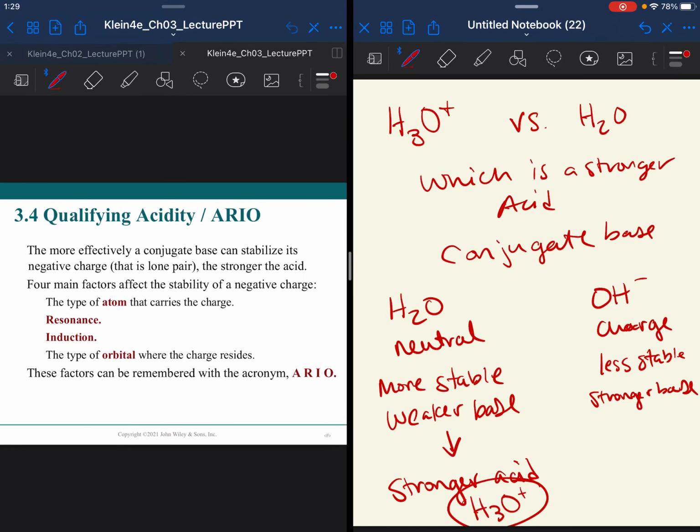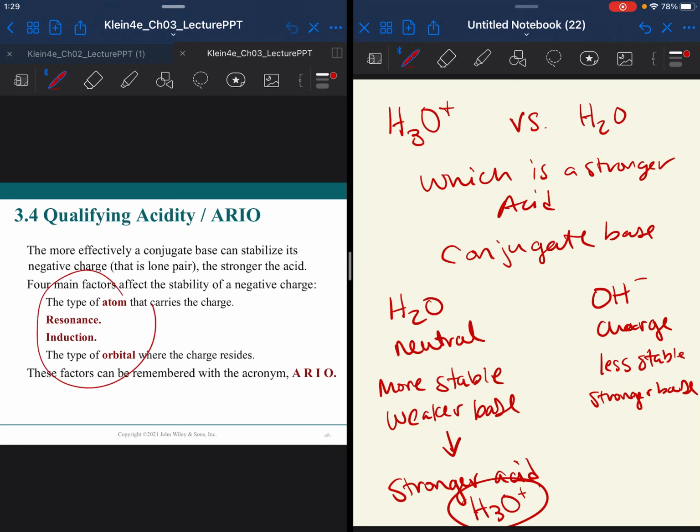Each of the problems that we're going to look at here are going to follow this pattern. We're going to draw the conjugate base. We're going to assess the stability, and the weaker base came from the stronger acid. Now, we don't even have to get into ARIO here because formal charge is going to show itself to be more important than atom, resonance, induction, or orbital.